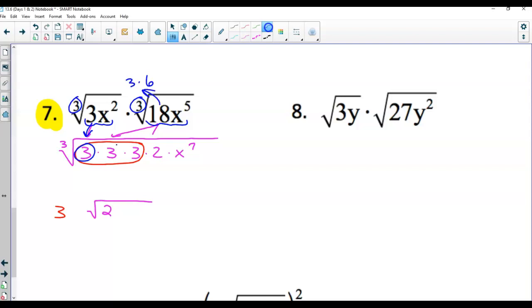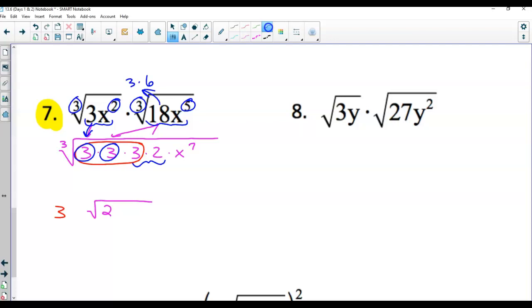So I can dump that first 3 right here, and then I'm like, well, there's 6. Well, that 6 is actually that 3 times that 2. So if I take 3 times 3 times 3 times 2, it's the same as 3 times 18. And then I just added my exponents here because I'm taking x squared times x to the 5th, and then I'm getting an x to the 7th.